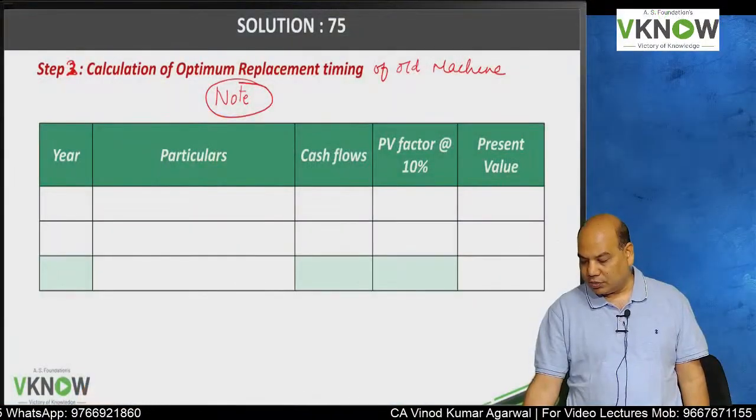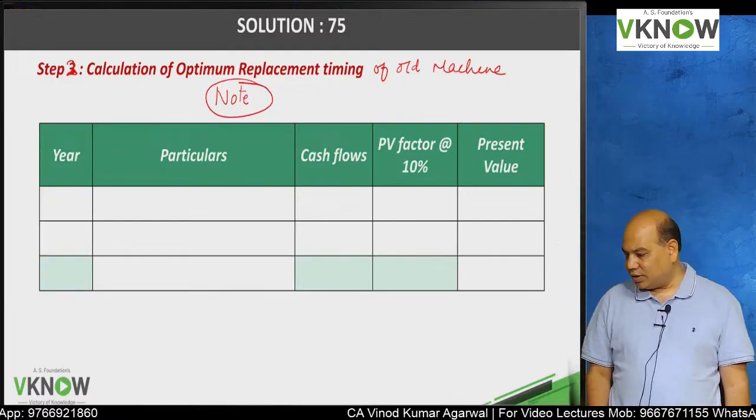Next line, we will compute the present value of cash flows for the first 2 years and select the option which has the highest PV of cash inflow, because this is a benefit maximization problem. Do you agree? If you agree, say yes.